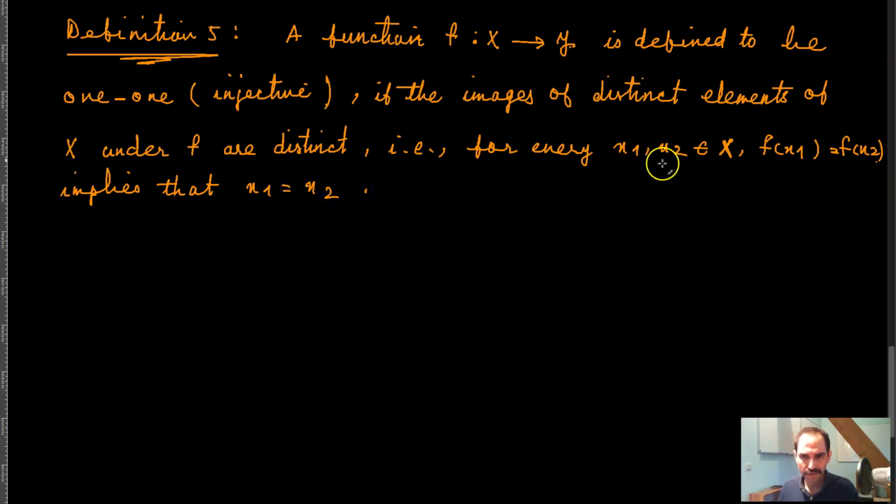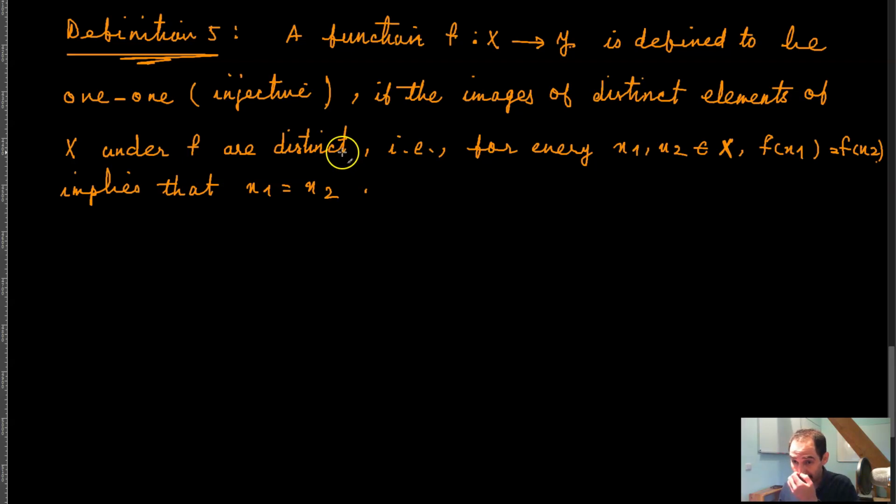What this means is that if f of x1 is equal to f of x2, the only way that can happen is if x1 and x2 are the same elements, meaning that x1 is equal to x2. Or in other words, you can say that the function is a 1-1 or injective function if the images of distinct elements of x under f are distinct.